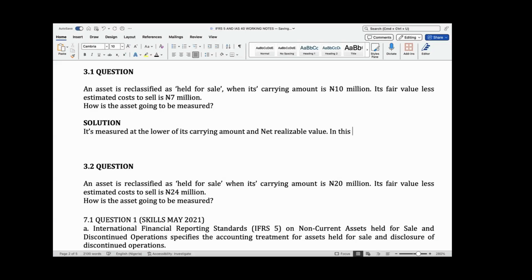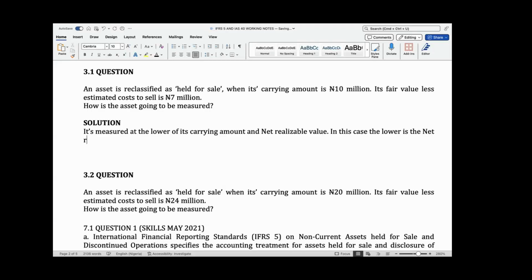In this case, the lower is the net realizable value of 7 million.